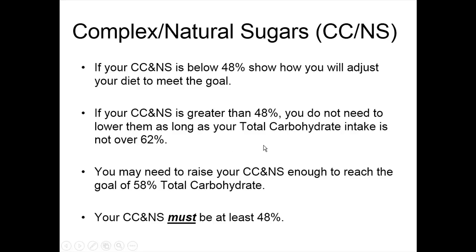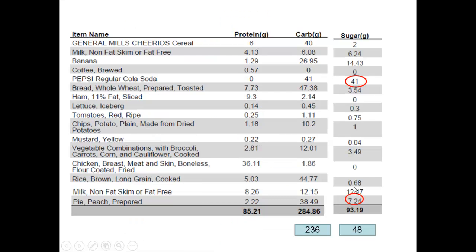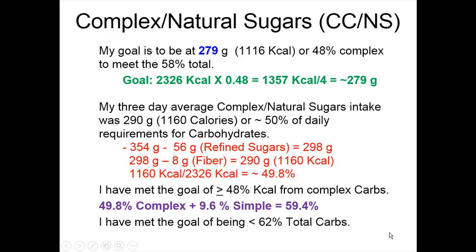So anyway, what we would do then is determine where we are now and where we need to be to meet our goal. So again, we had a total intake of 353.84. And if you remember, we said that this column includes this, so we're going to have to subtract out our simple sugars.